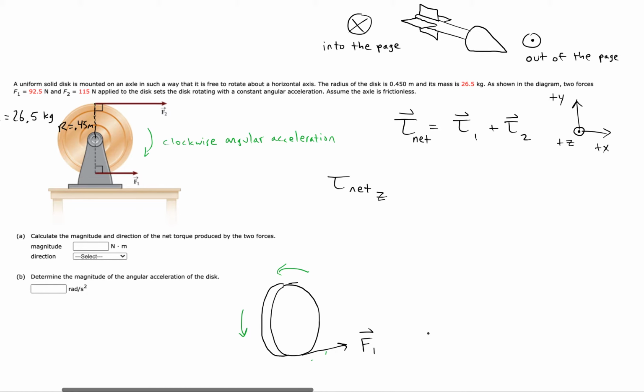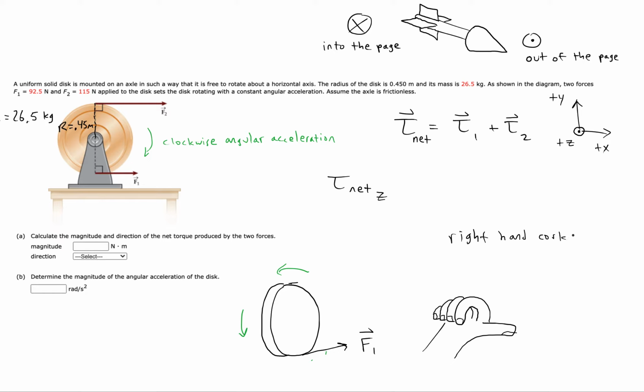So you curl your fingers in the direction of the force, and you make like a fist. Alright, it goes like this. And then the fingers curl around like that. Okay, this is called the right hand corkscrew rule.